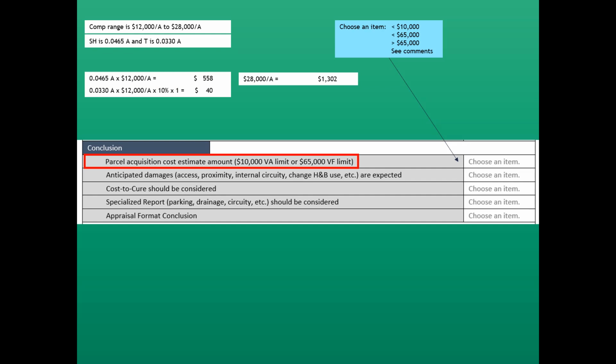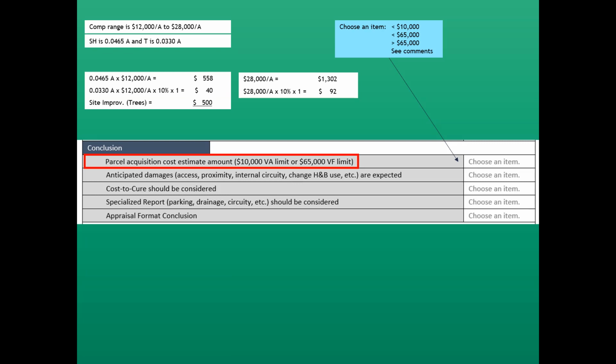Next is the temporary. Again, at the low end of the range, the rent for the temporary for a year is going to be roughly $40. That's 0.0330 acres times $12,000 an acre times a rate of return, roughly 10%, times 1 year gives us $40. And at the upper end of the range, that would increase to $92. Finally, site improvements.